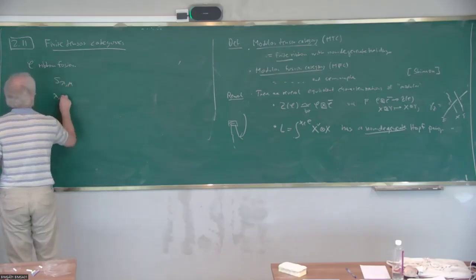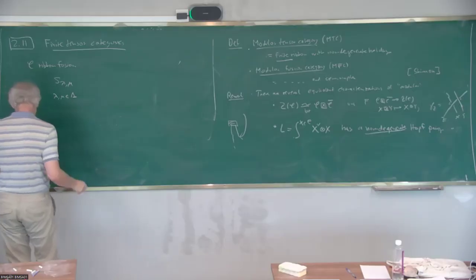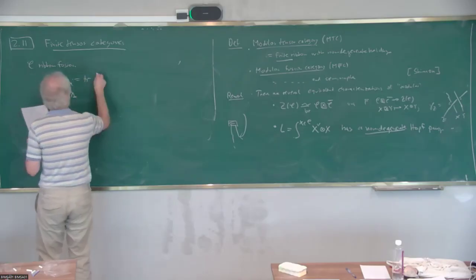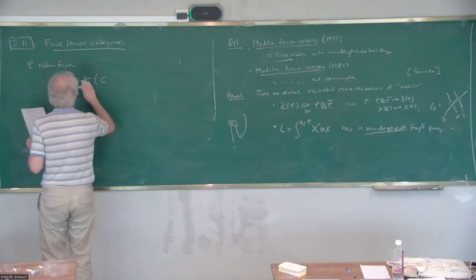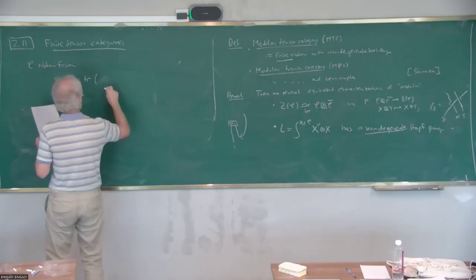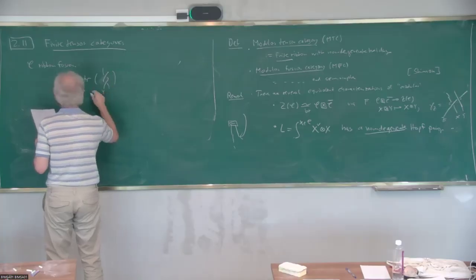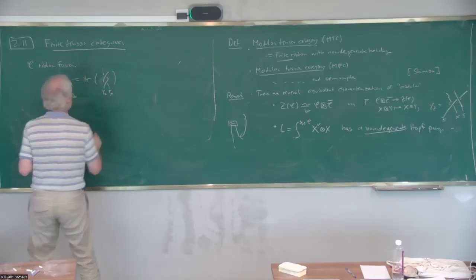So these are labels in this set of isomorphism classes of simple objects, given by the trace of the double braiding of Y_lambda with Y_mu.